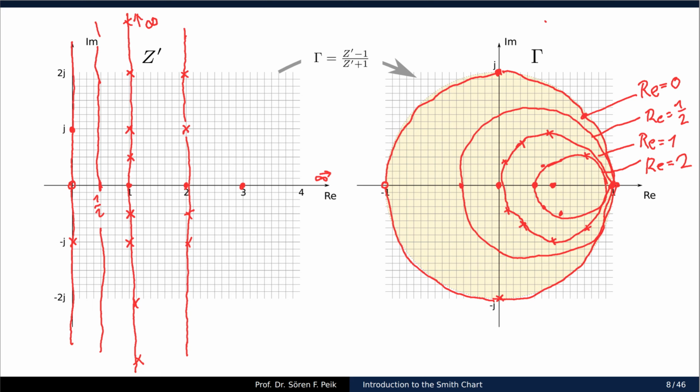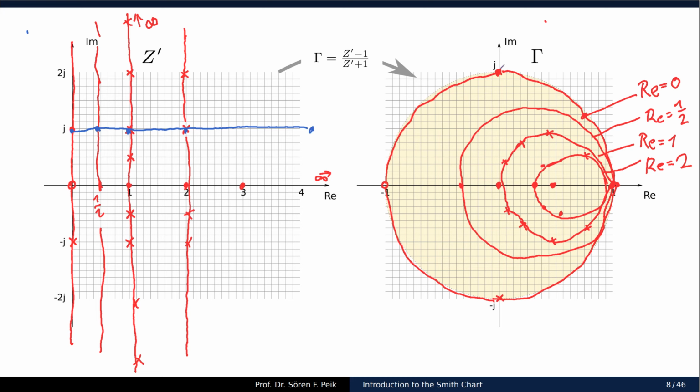Okay, now let's repeat the same thing for horizontal lines. Horizontal lines means we have constant imaginary part, for example, this line here, no? And we have tons of points here already. We have this point, this point, this point, this point, and the infinity point.